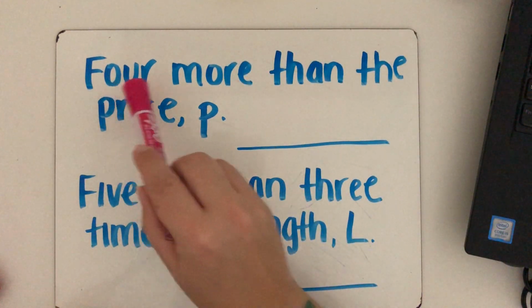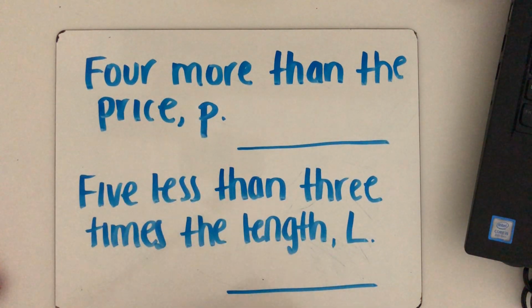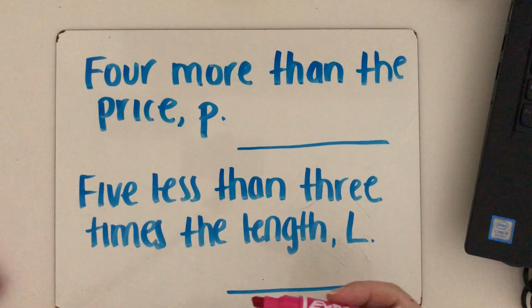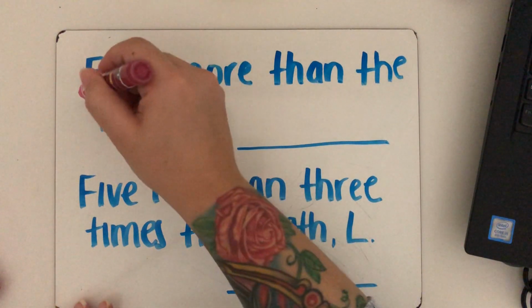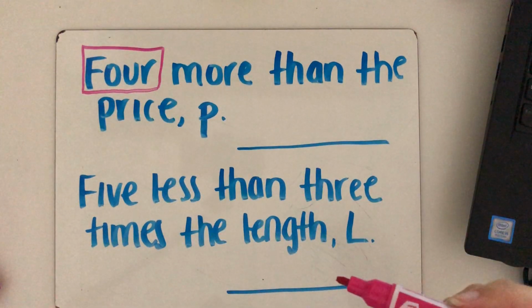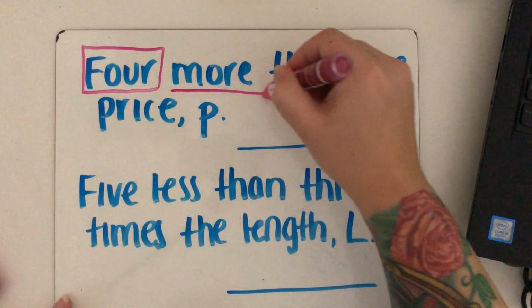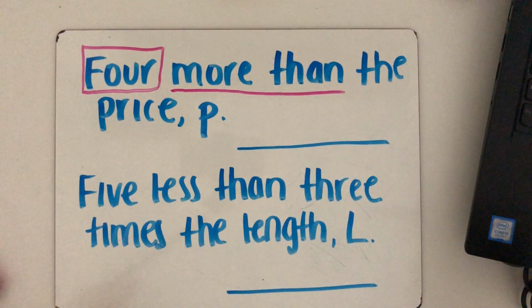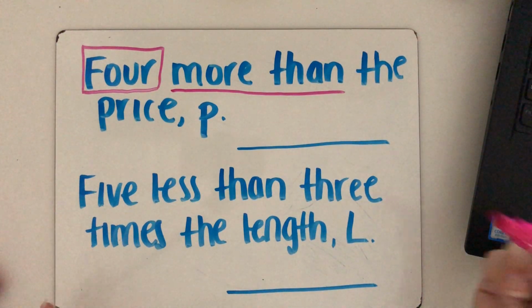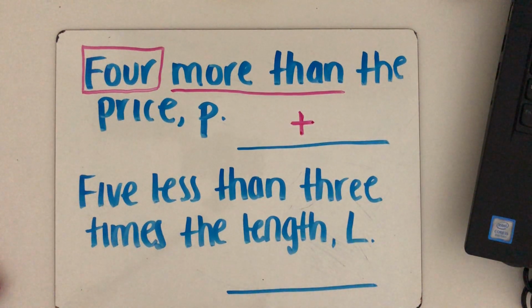If I have 4 more than the price P, I always have to look for my keywords. I have 4, which I know is an amount I'm going to have to do something with. Then it says more than. What operation do you think we're going to be using when I deal with more than? Yes, I'm going to be adding, so I'll put that plus sign there.